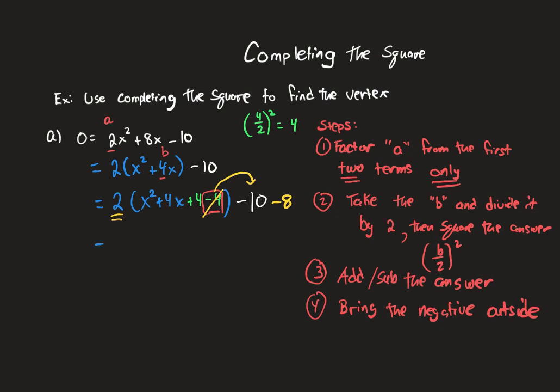Okay, so let us collect our like terms here. So 2x squared plus 4x plus 4 is what's left inside my bracket. And outside my bracket, I've got minus 10, minus 8, which is leaving me with minus 18. Now, our equation inside is a perfect square.